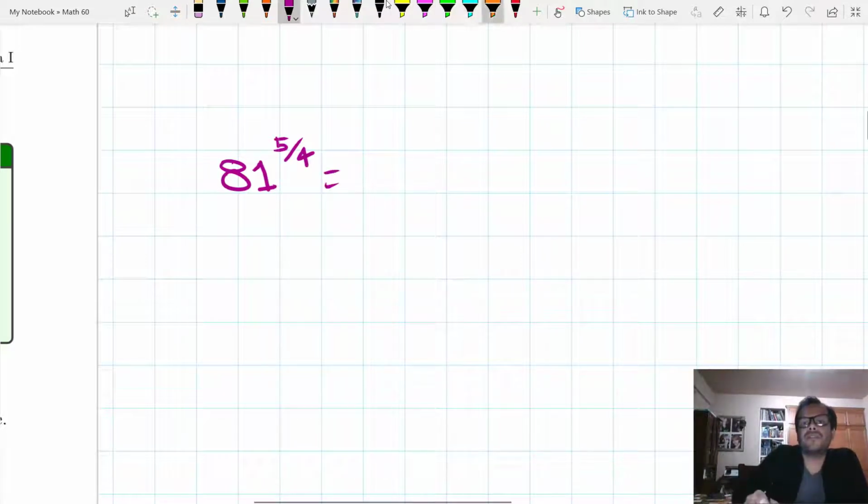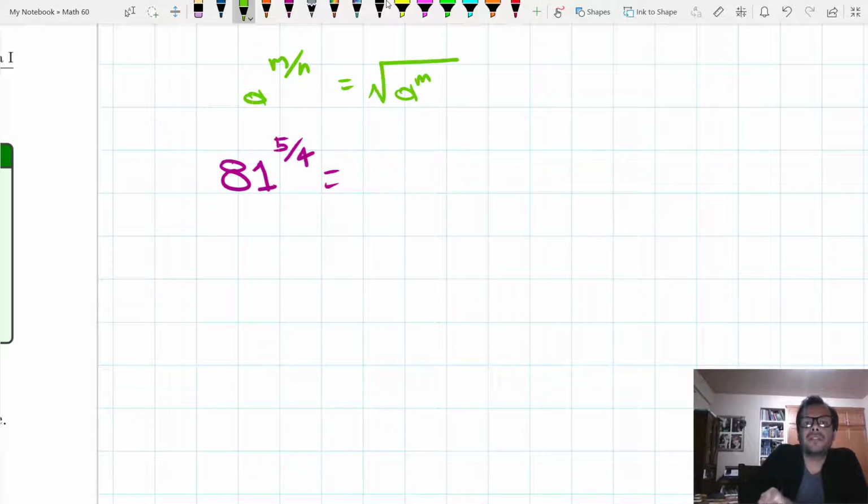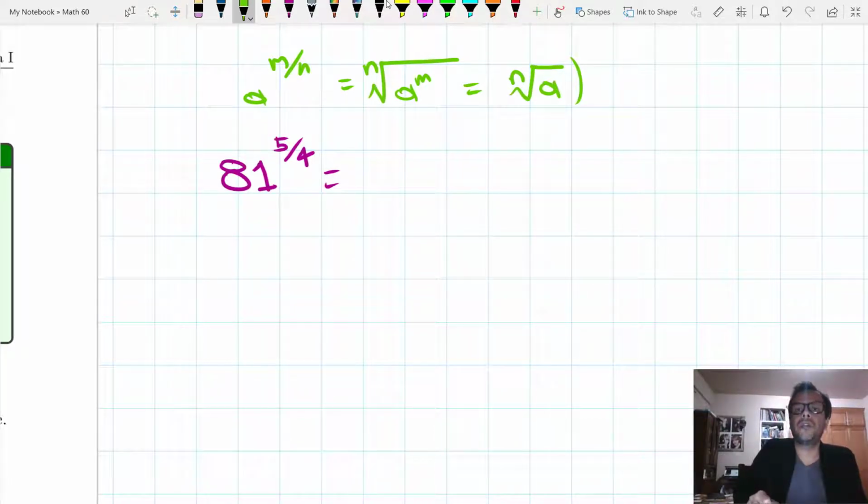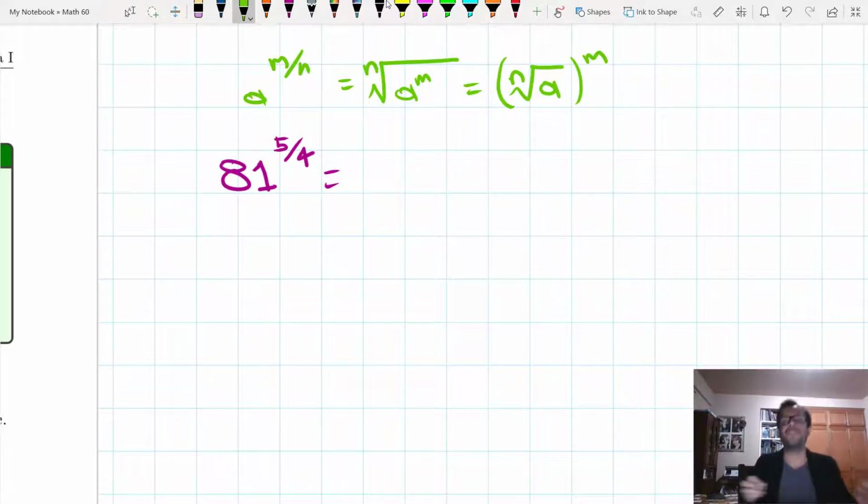Okay, in accordance to the rule, I'm going to write it up here. A to the m over n is going to be a to the m inside the radical of index n, which is also the same, even better, the nth root of a, whole thing to the m power.